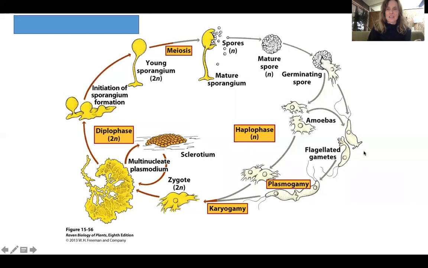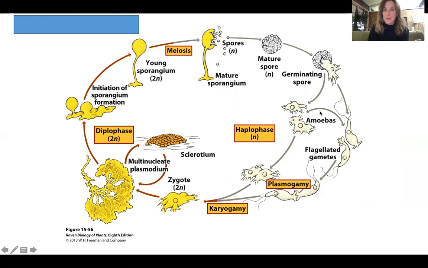What is the life cycle like? I mean, superficially, it's super easy. You've got this diploid phase, which is like this acellular, tons of nuclei in this big ooze that forms a sporangium. The whole ooze forms itself into sporangium and divides meiotically to form all these spores, these haploid spores.